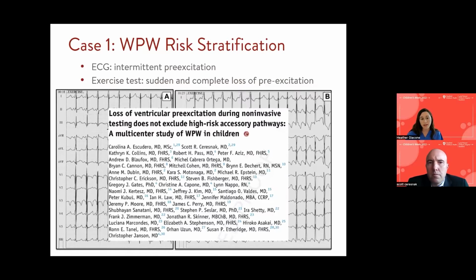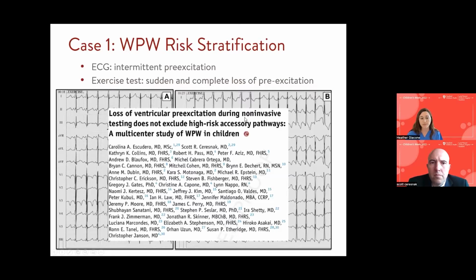Previously, we thought that loss of pre-excitation means that the pathway is weaker or can't conduct as fast. So mentally, you're thinking, if it can't conduct as quickly, maybe they are low risk and don't have significant risk for sudden cardiac death.